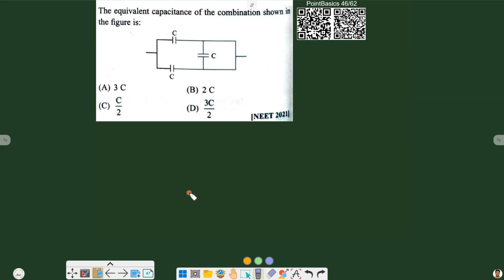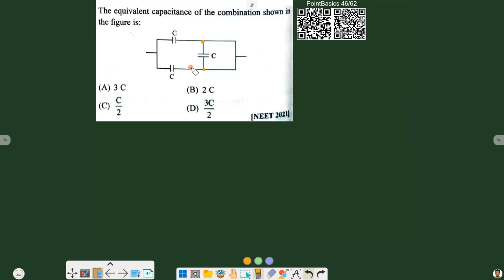Equivalent capacitance of the combination shown in the figure. Again, this is a similar question, and if you look carefully at this capacitor, both of its terminals, these 2 points, are joined with one another. So effectively, both of its points are at the same potential, and if both points of a capacitor are at the same potential, this capacitor will not work.